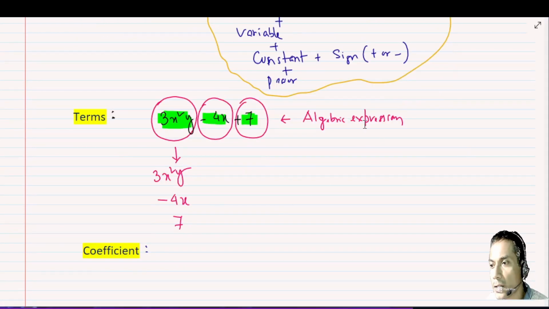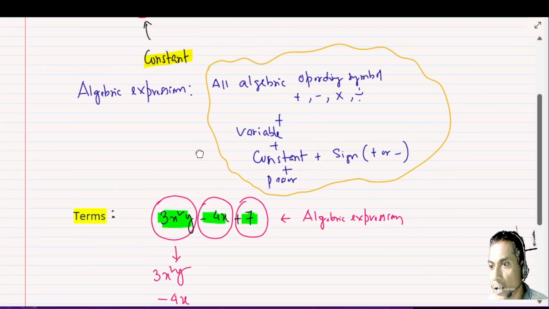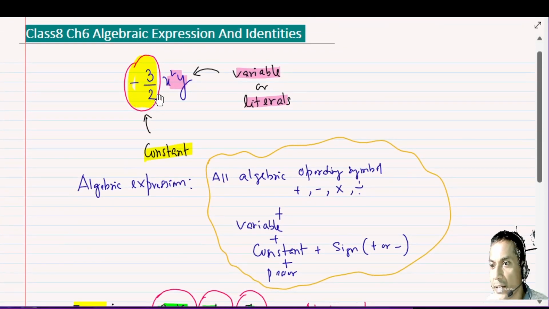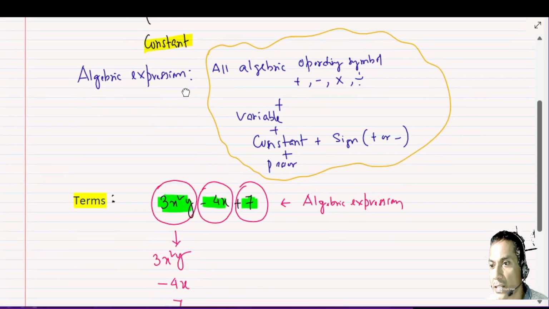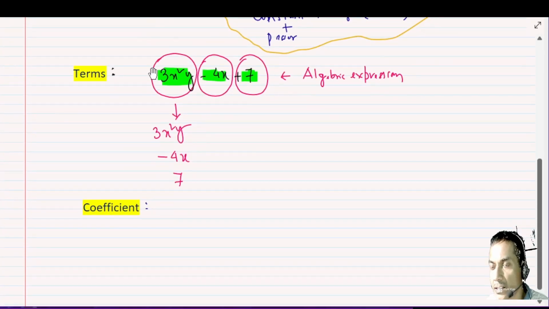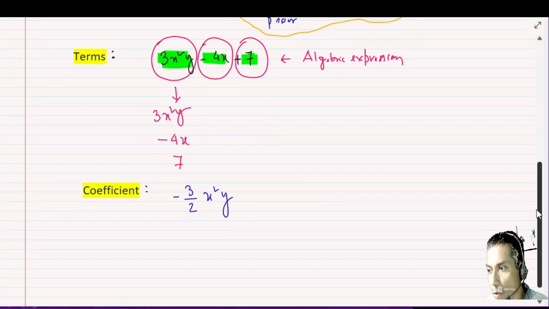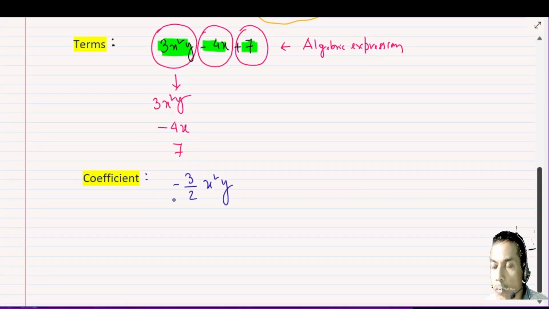To learn the coefficient, let's consider our first example, that is minus 3 by 2 x square y. Before we learn the coefficient, we should know the factors.